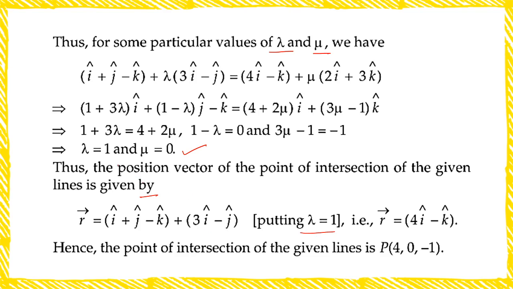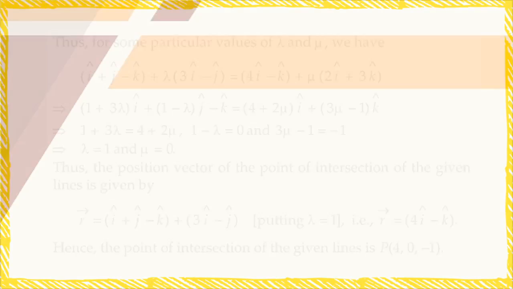Lambda is 1. So the R vector is equal to 4i minus k. And the point of intersection is definitely (4, 0, minus 1).